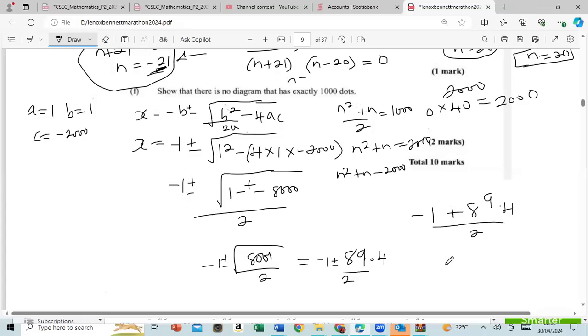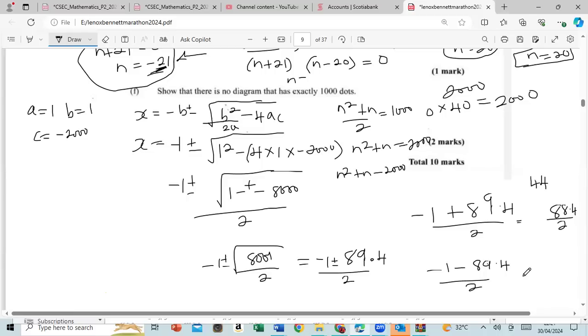And then we have minus 1 minus 89.4, divided by 2. So this one works out to 88.4, and then we divide by 2. So long story short, when we divide this, we get 44.